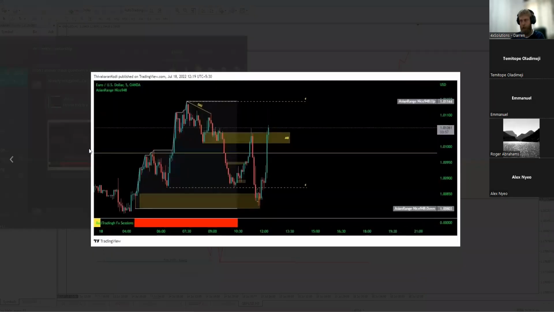So I would imagine that this is the mitigation that he had identified, and then we can see that price traded through that. So that's what he had identified as that mitigation. We can see there price makes a low here, comes back up to mitigate, and then it sells. So in my eyes, I see that mitigation as holding over there.